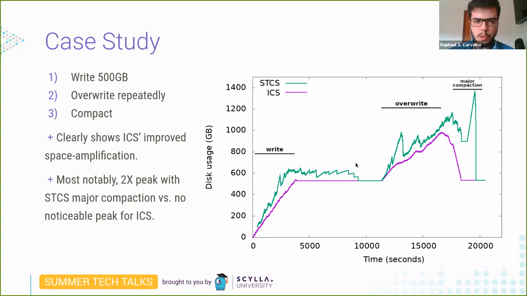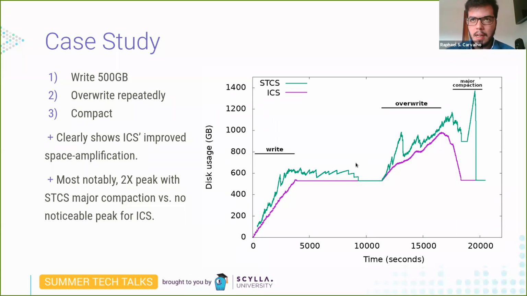So the first step is basically about writing data to the database. It's 500 gigabytes. And you can see that unlike STCS, ICS has no disk usage spikes at all. You can see that it has much more predictable disk usage because, like Ben explained, it's able to release the disk space as compaction proceeds, unlike STCS.